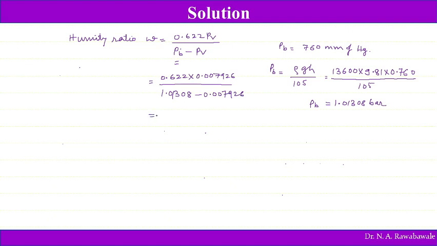So on simplification it works out to be 0.0049 kg per kg of dry air, or this can be written as 4.9 gram per kg of dry air. This is humidity ratio.